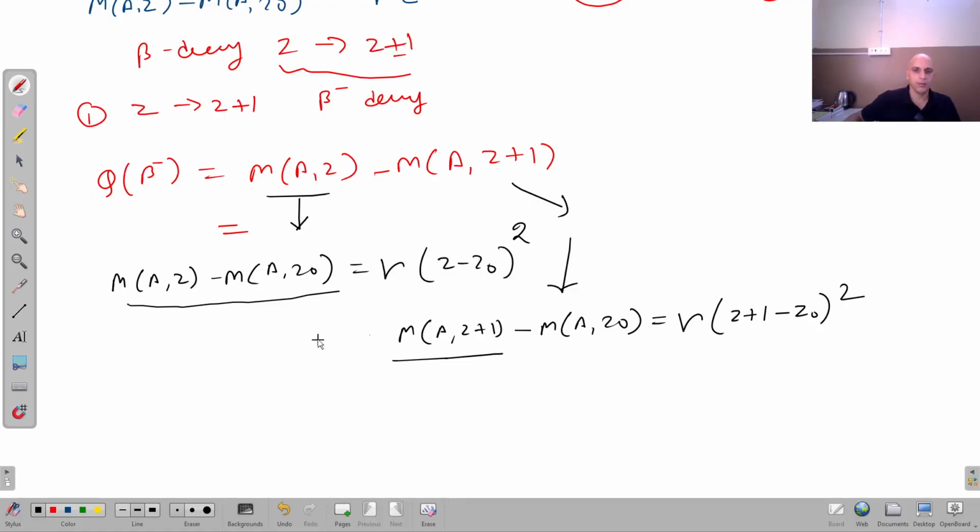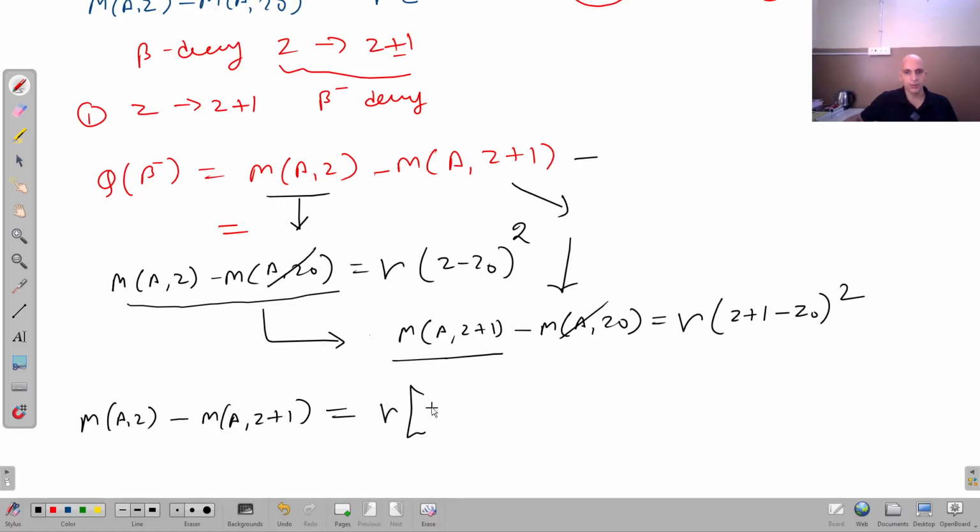Once again, I am writing M(A,Z) minus M(A,Z+1), because when you take the negative, this term will get cancelled, and this will be equal to gamma into (Z minus Z0) whole square minus (Z+1 minus Z0) whole square. These two get cancelled, so this is the right hand side.